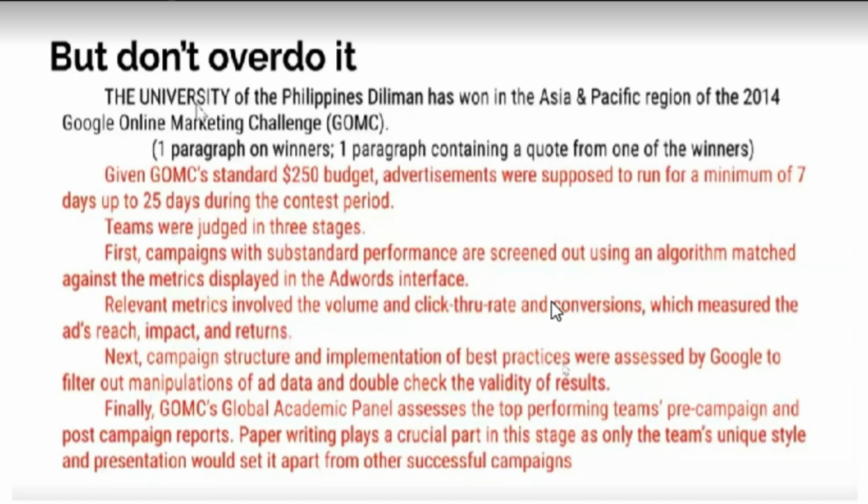Siguro may mga writers tayong kulang yung nakuhang information. Ang ginawa na lang, nagsulat ng background information tungkol sa contest, tungkol sa GOMC competition. So let us please be cautious, okay, in overdoing the background information for our news article.